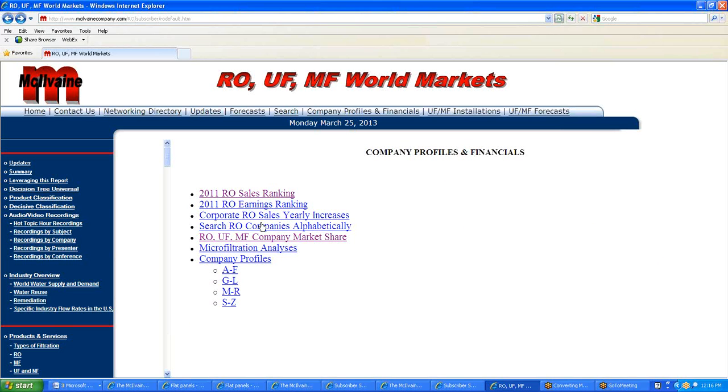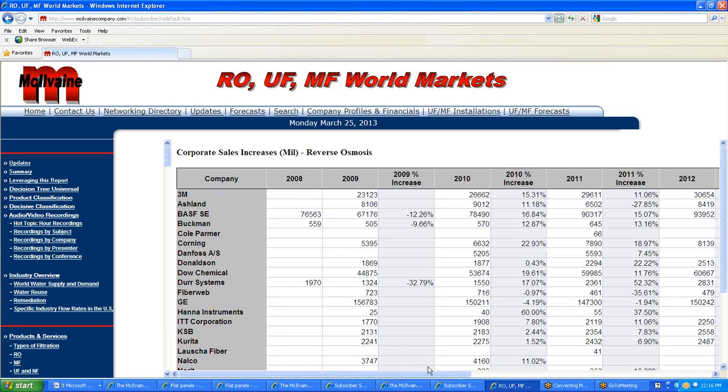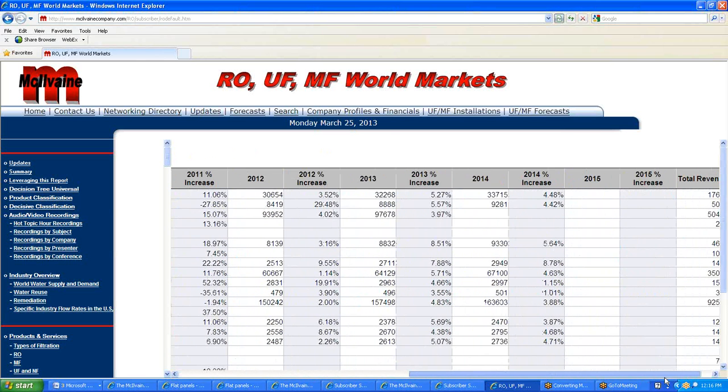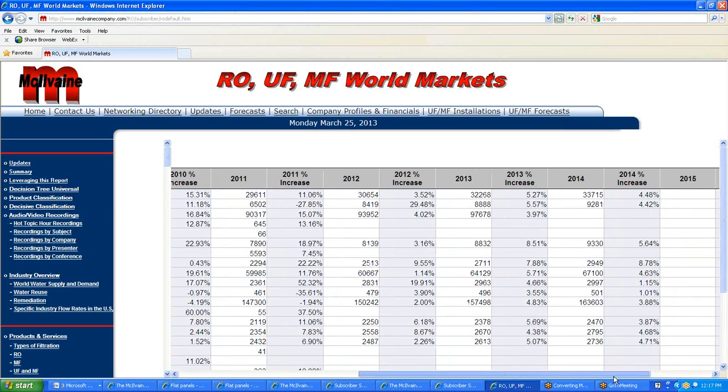We are doing a lot of analysis of the projections that the companies have of their own sales going forward, and in many cases this is more than just the ROUF-MF.